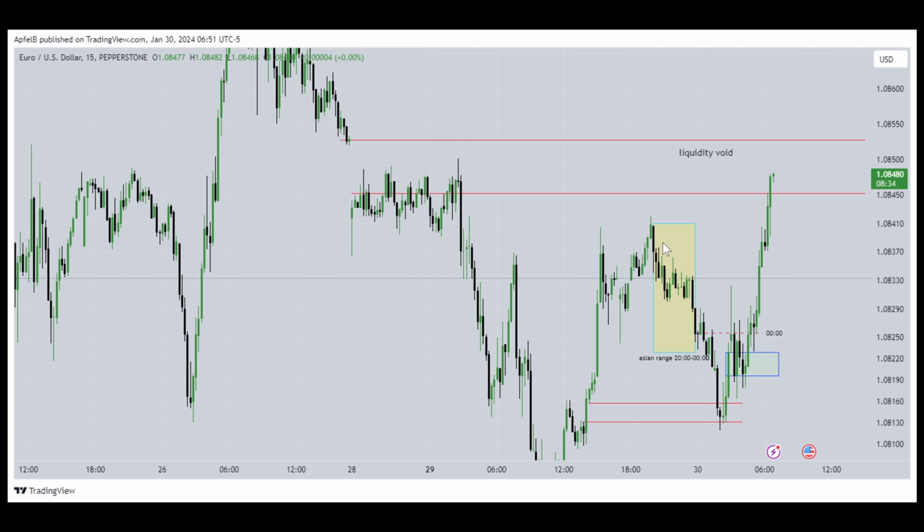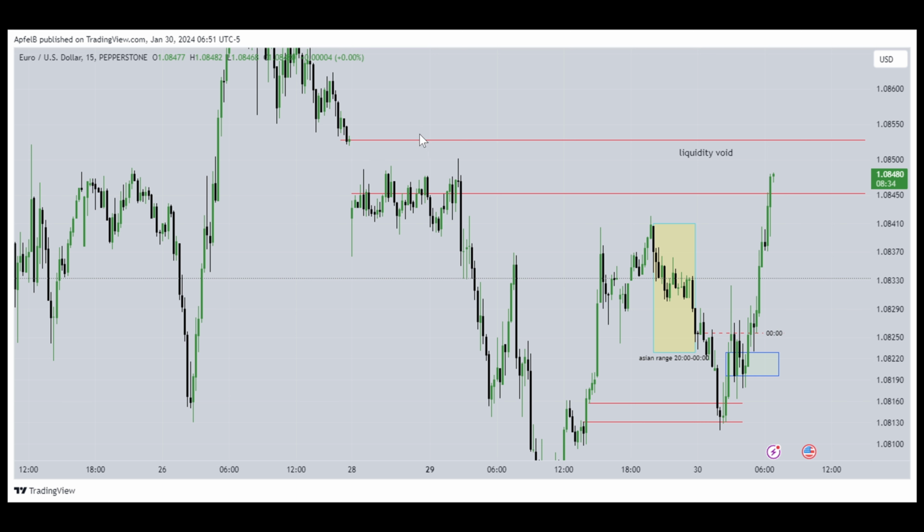We take out this Asian session high, and then for the people who want to hold a little bit more, may ask, how far can we hold? You either look for these imbalances, like this imbalance right here, so you can hold up to this imbalance. See, we offered sell side of the curve, so we have to come back and offer buy side, but also we have this liquidity void.